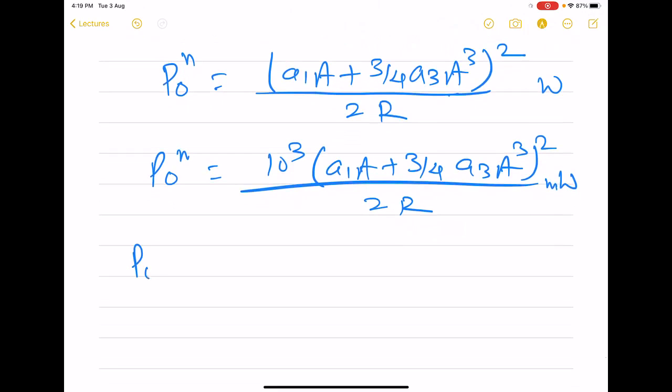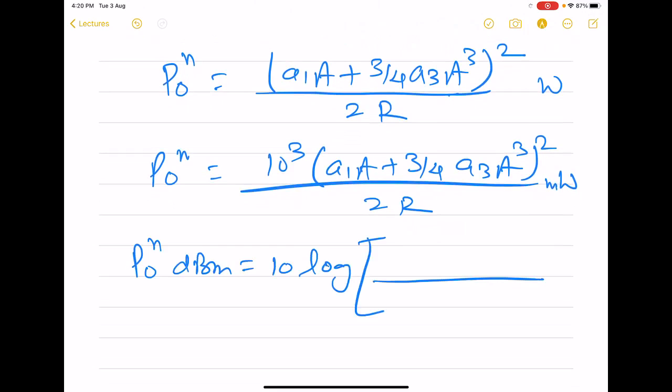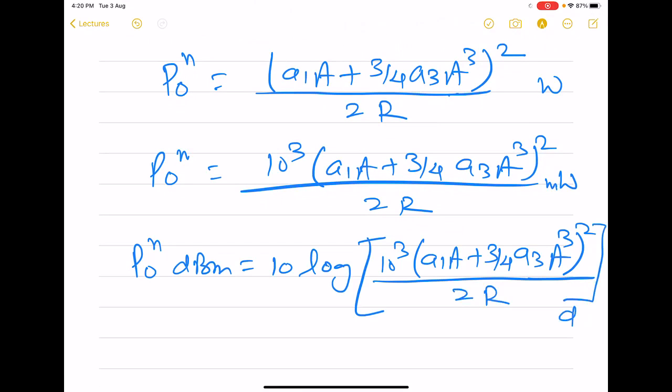And then in dBm, this becomes 10 log 10 raised to power 3 times (a1A plus 3 by 4 a3 A cube) whole square divided by 2R. So this is dBm.